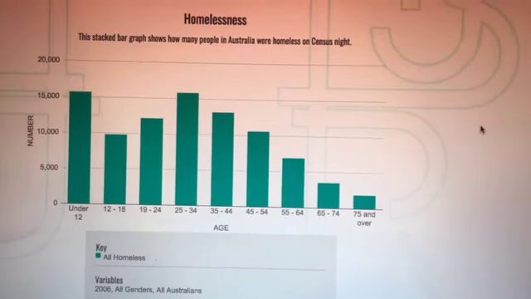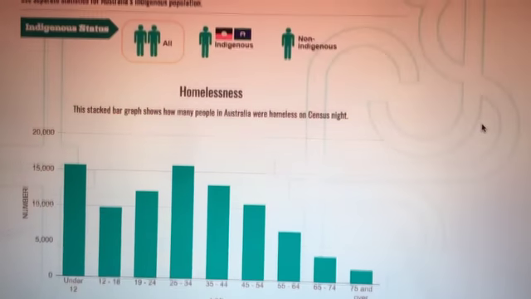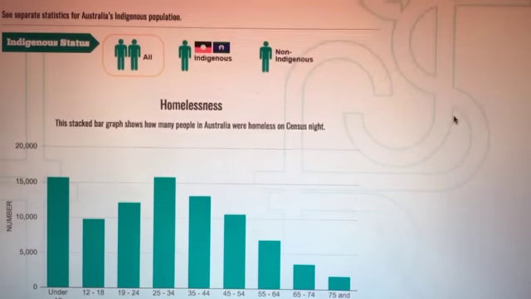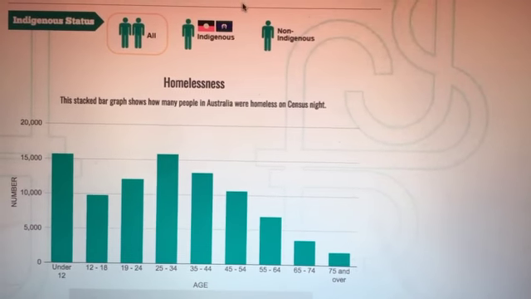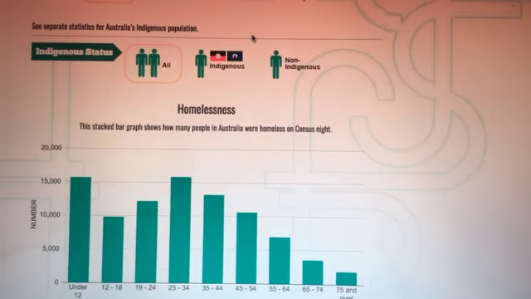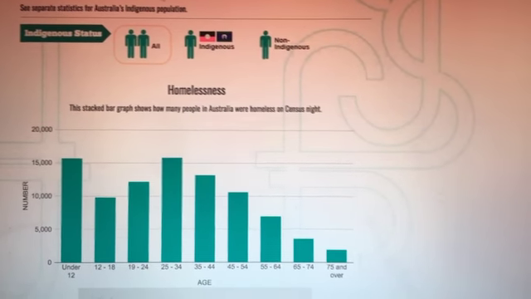So let's have a look at how many girls and how many boys were homeless under the age of 12 in 2006.